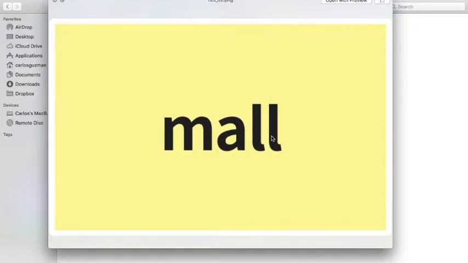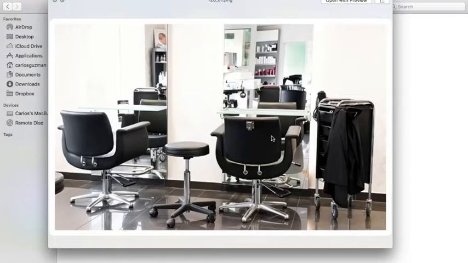There's Siam Paragon, Central World, MBK, just to name a few. Those are all malls. So there are many malls in Bangkok. Mall.